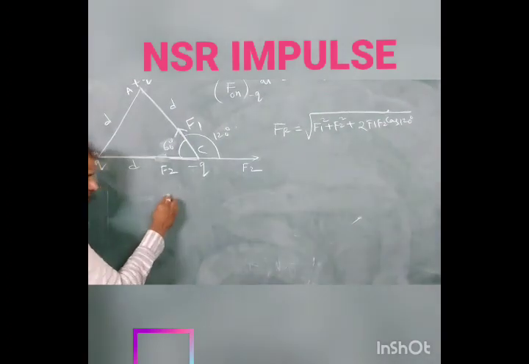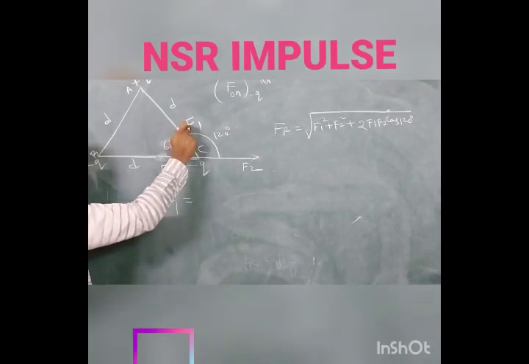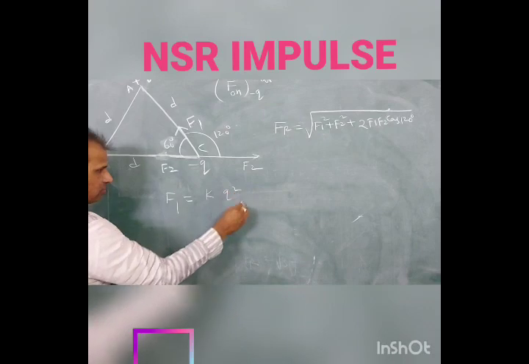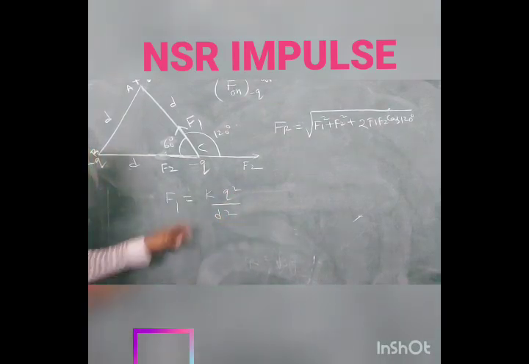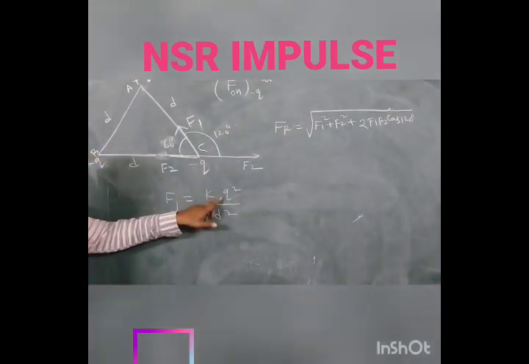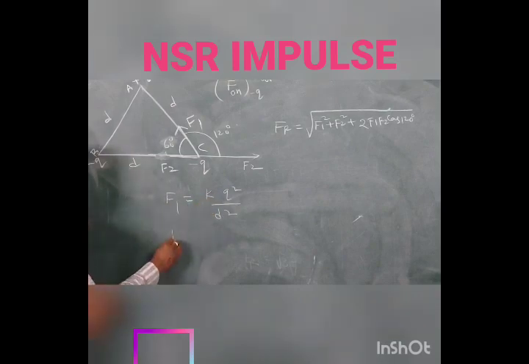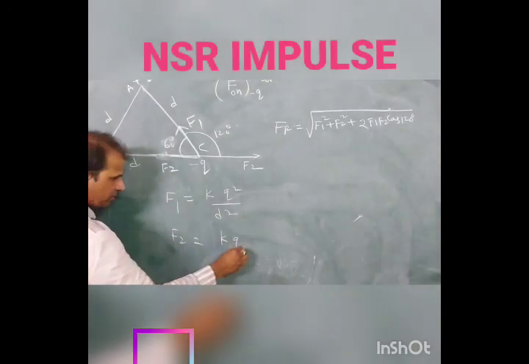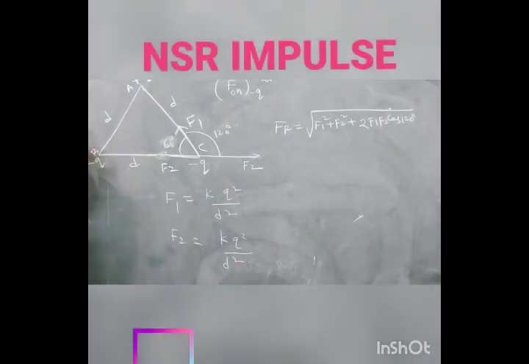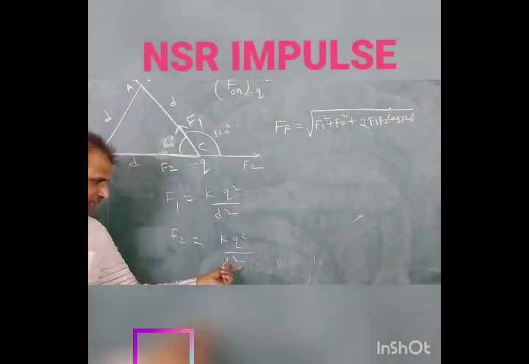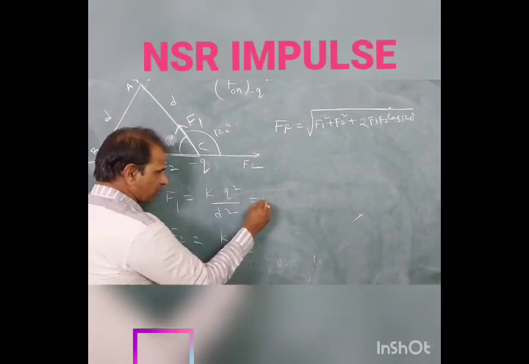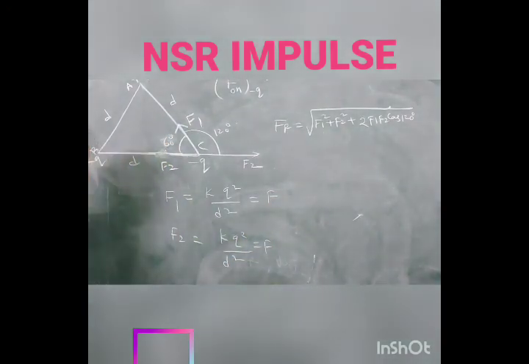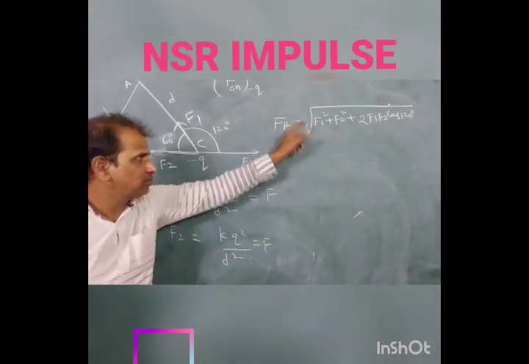F1 is the force between these two charges, K Q square by d square. Remember, no need to indicate the sign in the product. Next, F2 is equal to the force between these two charges, K Q square by d square. These two right hand sides are equal, that's why the forces are equal. F1 is equal to F and F2 is equal to F. Substitute F and F in this place.